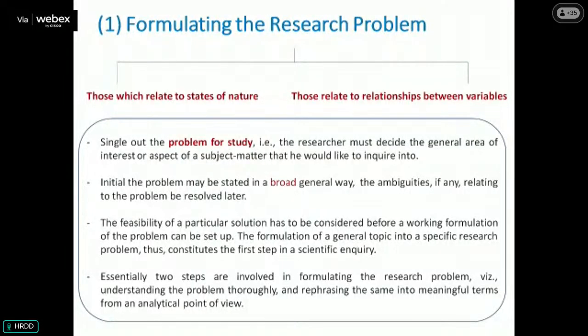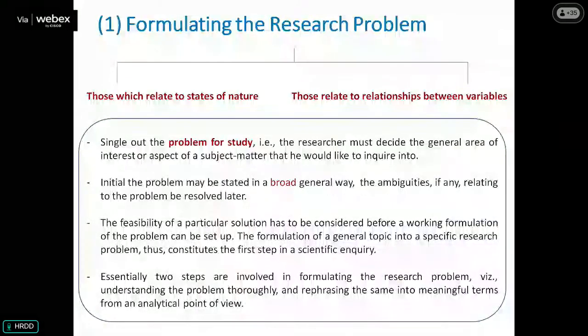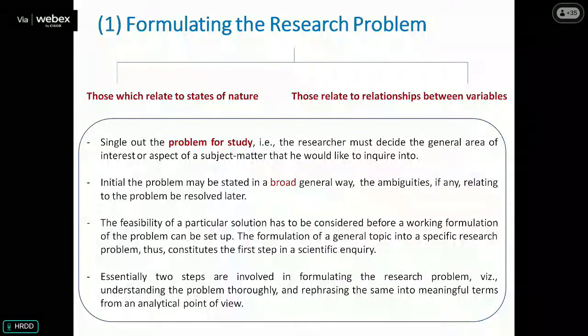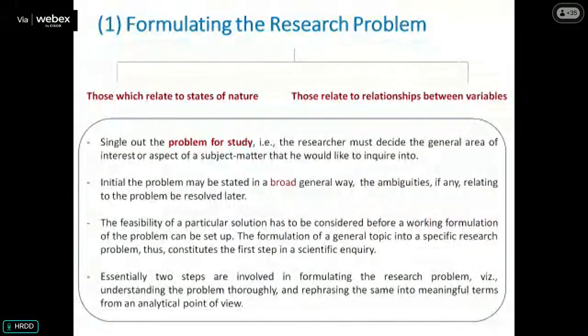Initially the problem starts in a broad, general way. All the projects you have been given, in physics, chemistry, whatever, are much broader. It's not that we will work on all catalysts for hydrogen energy, right? But initially it has to be broad.